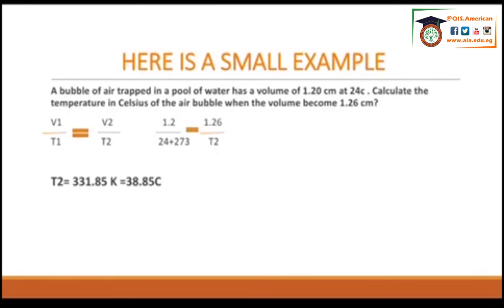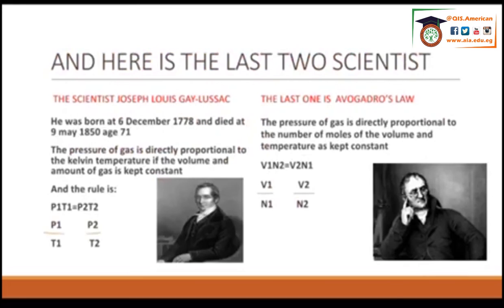And now I'm going to talk about the last two scientists. The first one is Joseph Louis Gay-Lussac. He was born on 6 December 1778 and died on May 9, 1850. His age was 71 when he died.